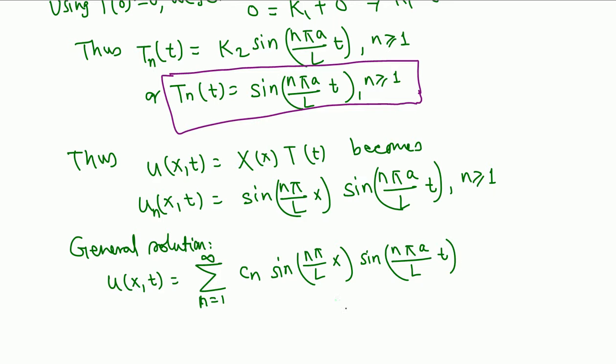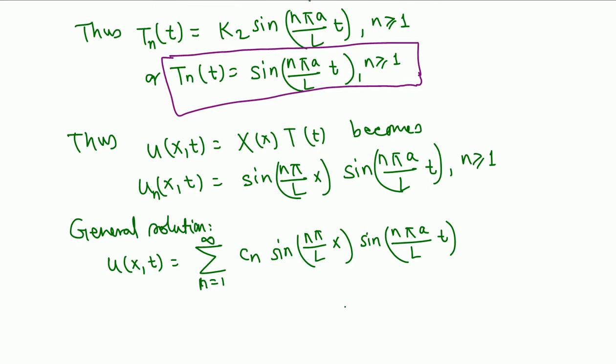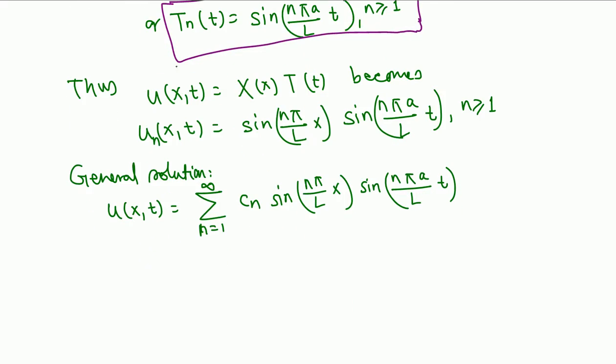Okay, and remember we have yet to use the last initial condition, number 4, which was u_t(x,0), that's the initial velocity, equal to g(x). Okay, that was equation 4.